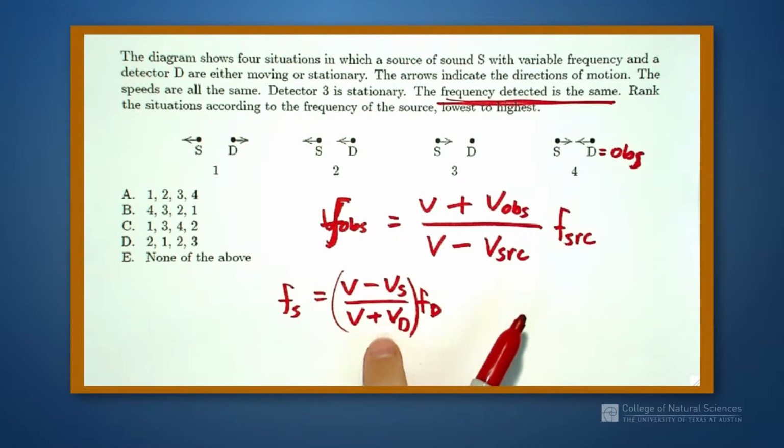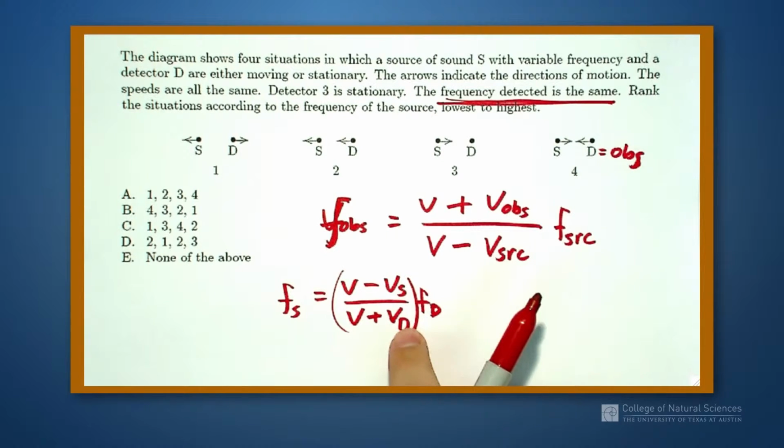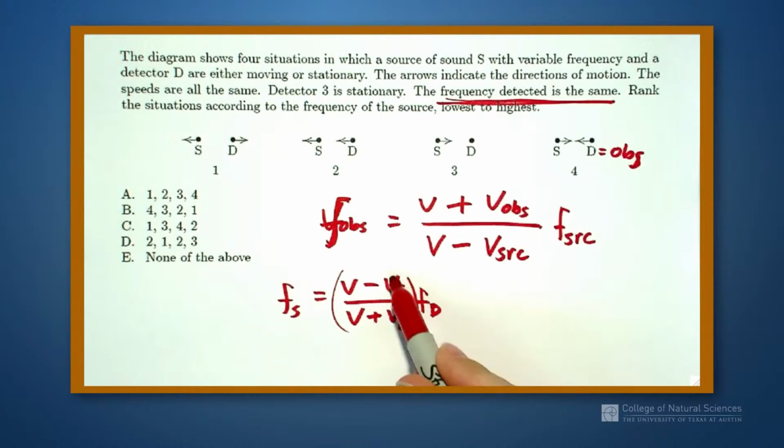Sometimes you see this equation in a different form where it has pluses and minuses, or plus minus and a minus plus. But I remember that if the detector and the source are moving towards each other, then these each get plus signs. If they're moving away from each other, then we introduce another minus sign into these.